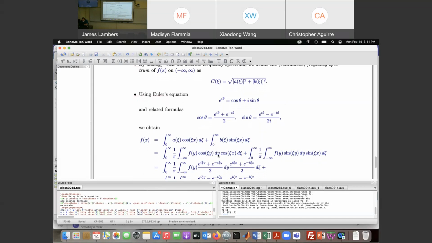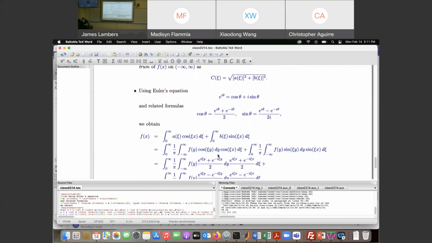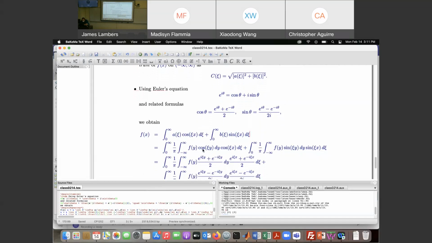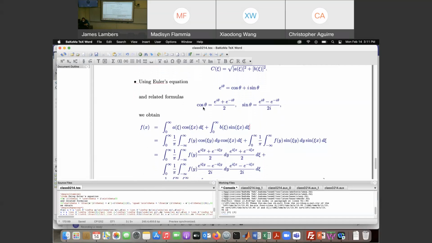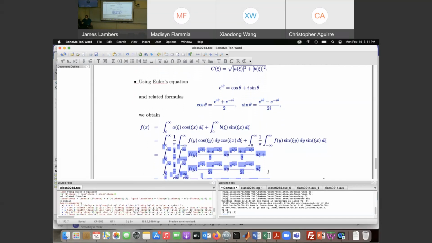Then I can represent each cosine and sine using this formula in terms of complex exponentials. So that's what I've done here.